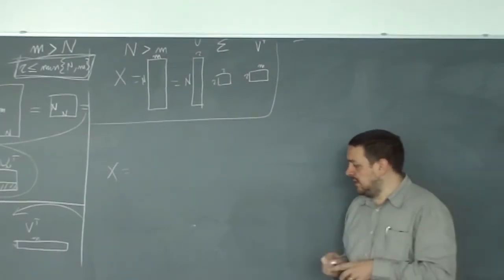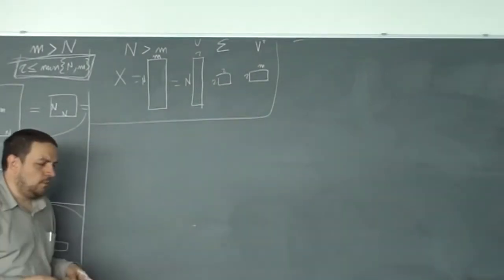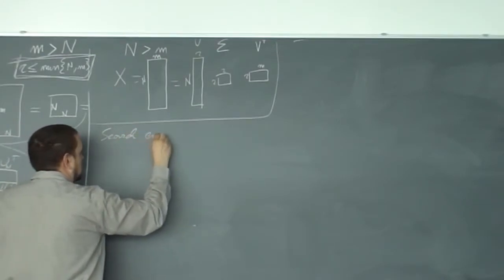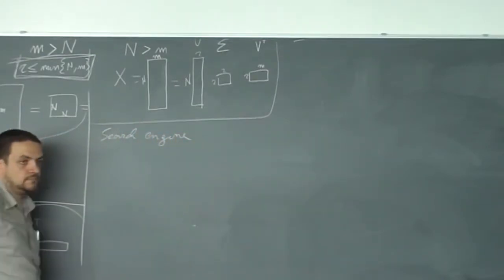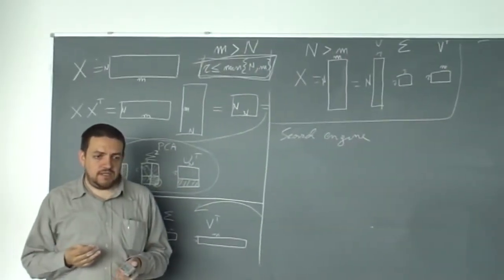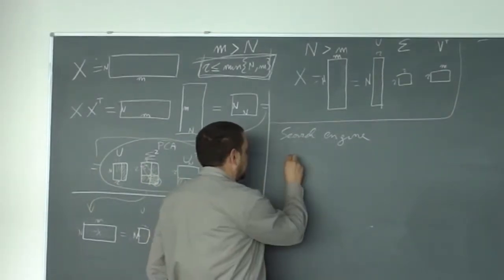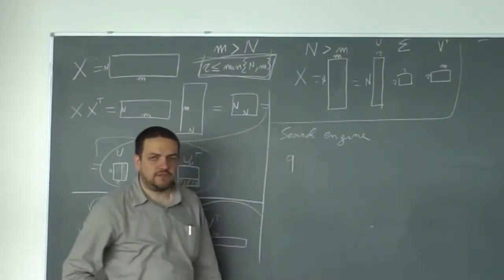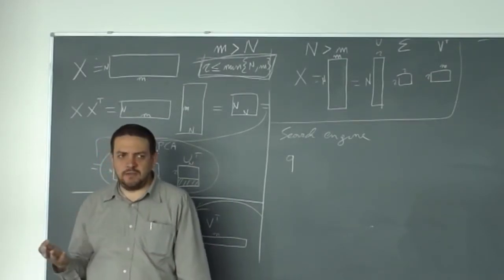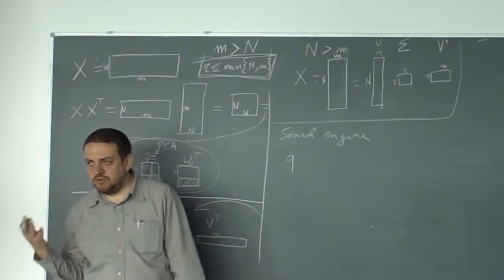And suppose that we are building a search engine. The basic search engine is a program that receives a query, let's call it Q, and provides the documents that are most similar to the query.